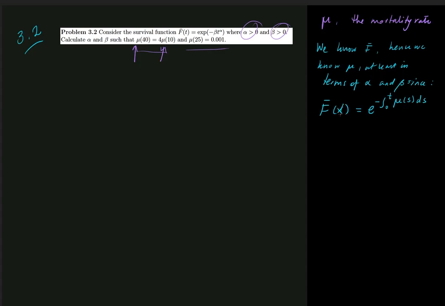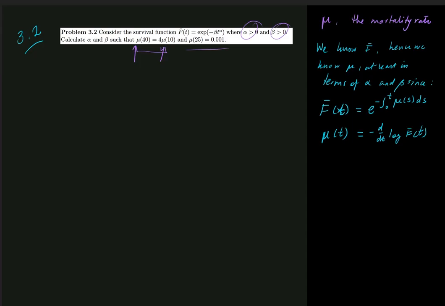So correspondingly, the mortality rate, or the intensity function, is equal to minus the derivative of the logarithm of the survival function evaluated in t, as such. And that means that we are able to find the mortality rate here.